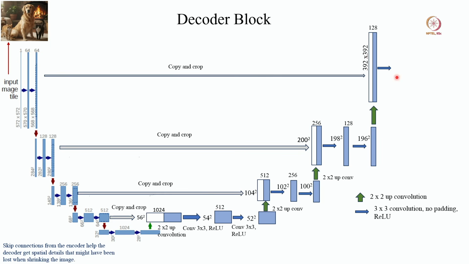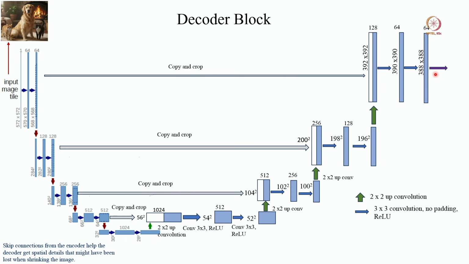This is once again going through a 3 cross 3 convolution, no padding, ReLU, with 64 filters. The size is 390 cross 390, and again one layer of convolution, no padding, ReLU, same operation, and the size is 388 cross 388, and here also the number of channels is 64.